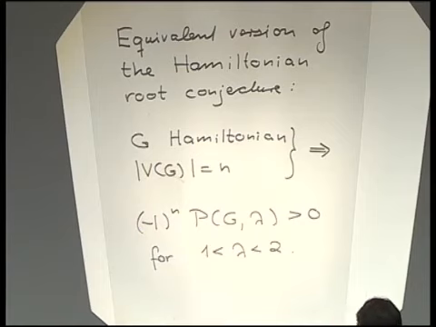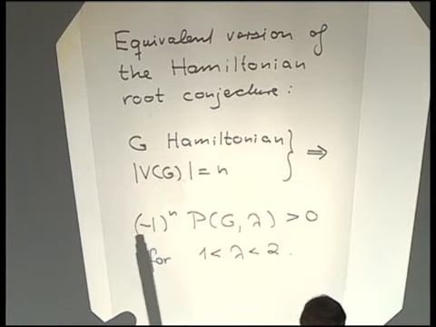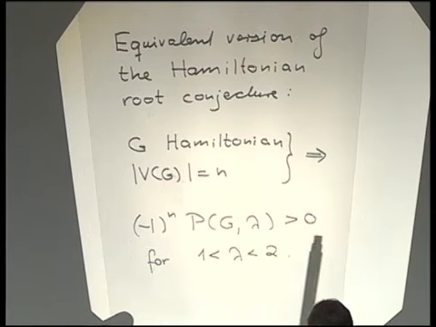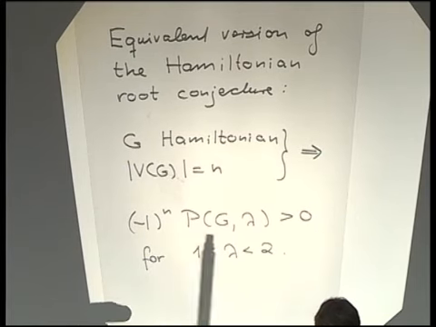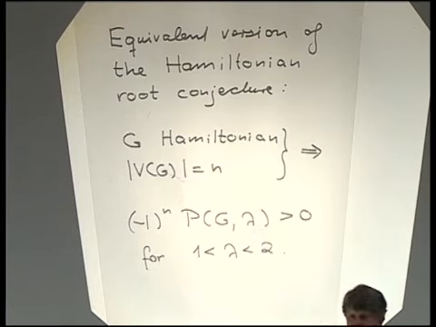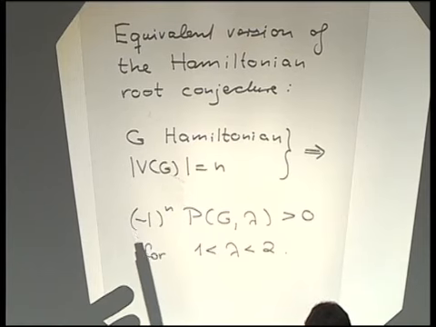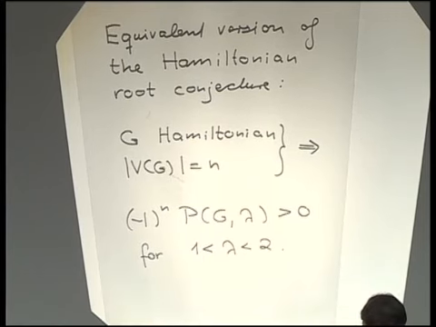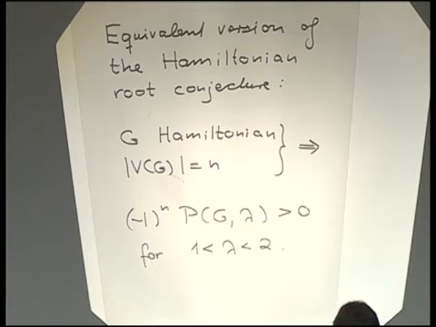Here is an equivalent version of the Hamiltonian root conjecture. To say that there are no roots between 1 and 2 actually turns out to be the same as saying this, because we know what the sign of the polynomial is very close to 1. Bill told us a formula for that. So if there are no roots, then that sign will be the same all the way between 1 and 2, and this is another way of proving it.